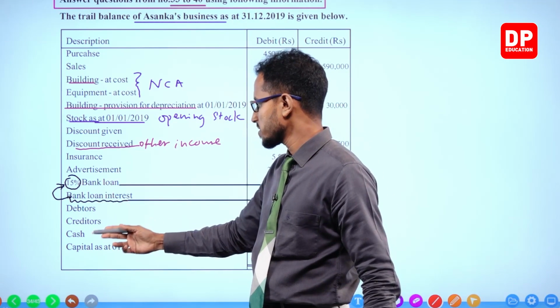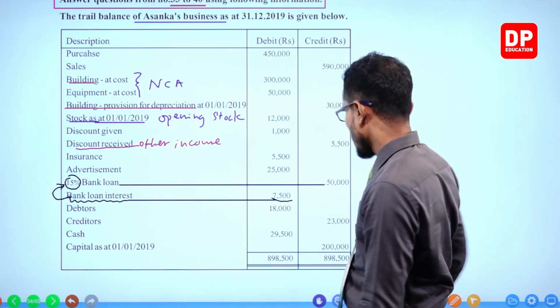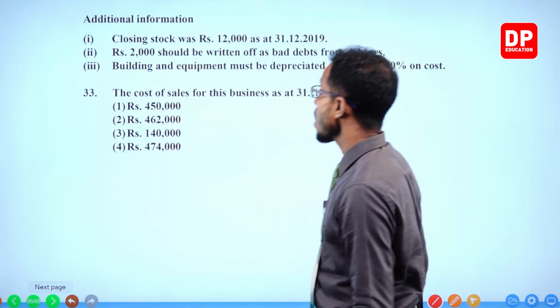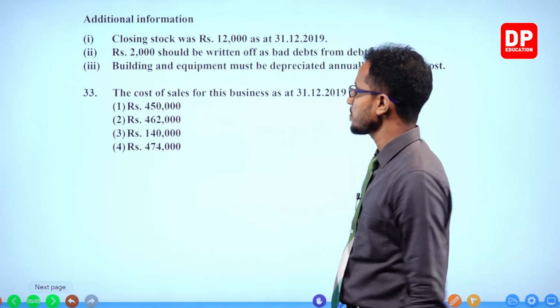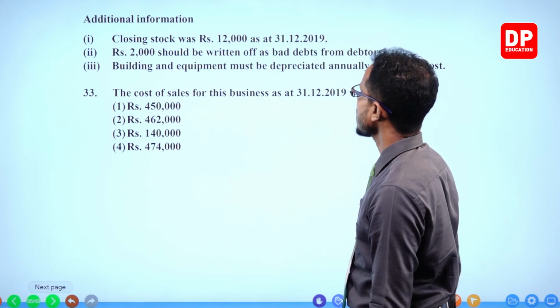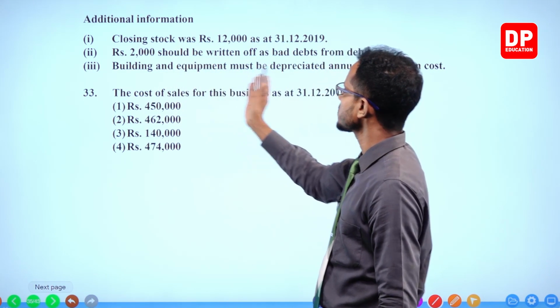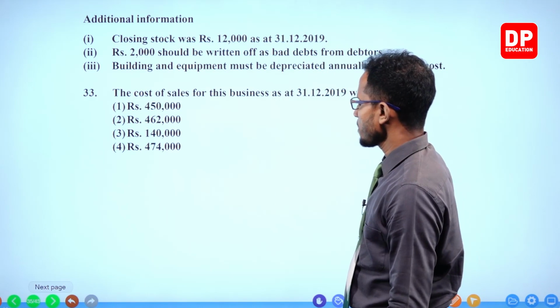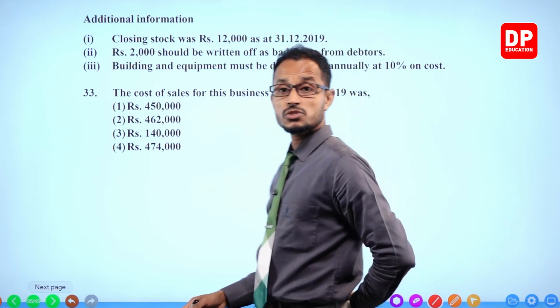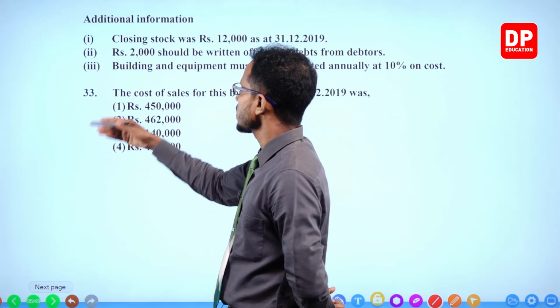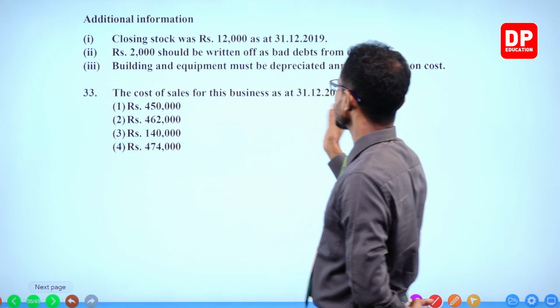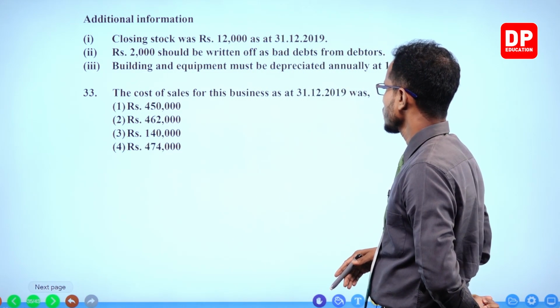Okay, debtors, creditors, cash and capital. Are there any additional information? Oh yeah, additional information. Closing stock, bad debts, building depreciation. Question 33. Let's go directly to the question. The cost of sales for this business as at 31st December.